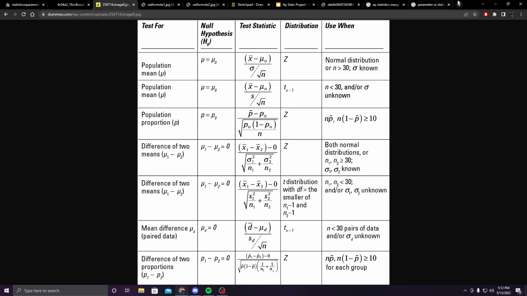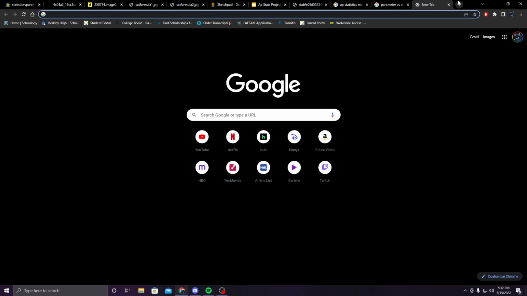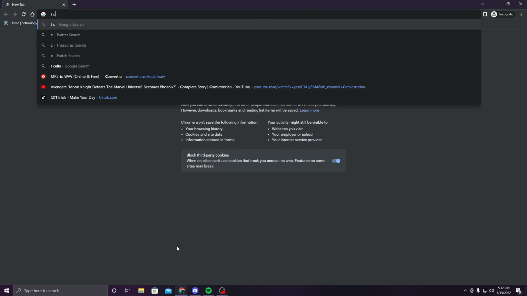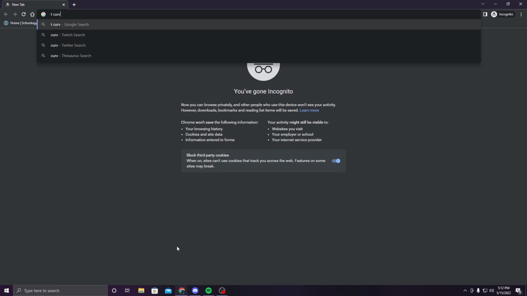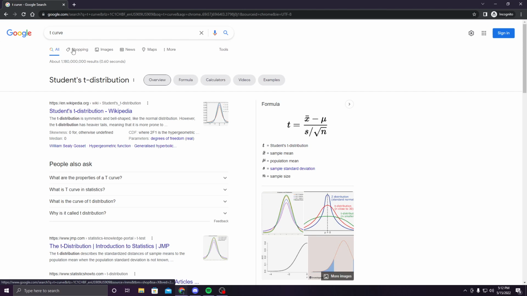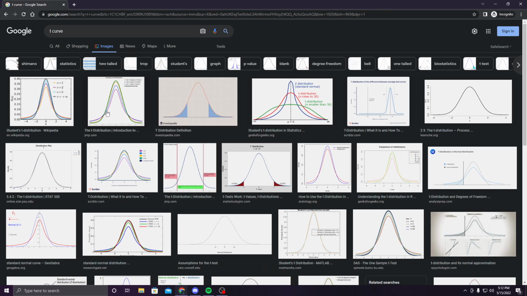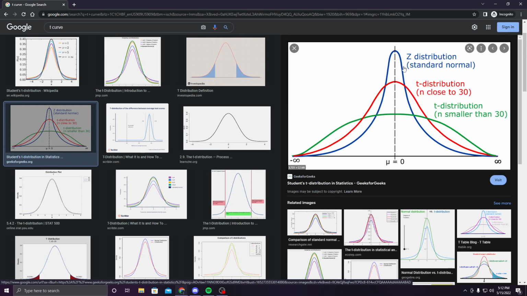The T curve, the Z distribution and the T distribution are very different.